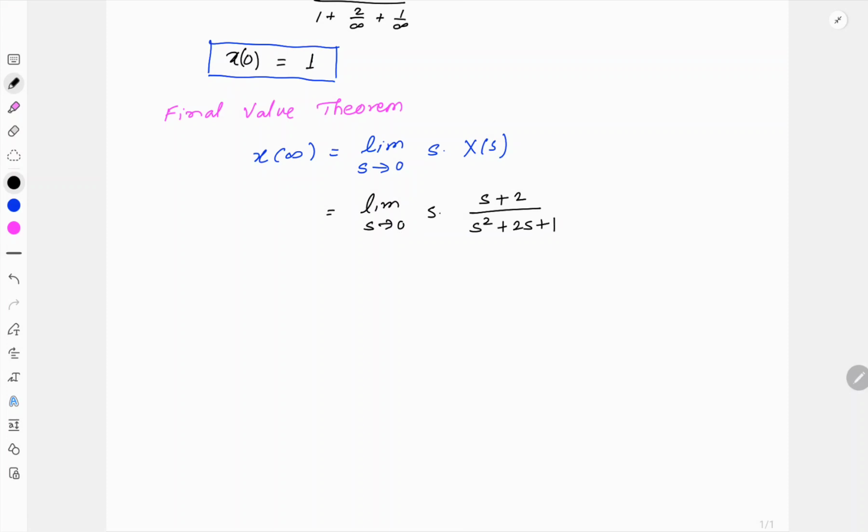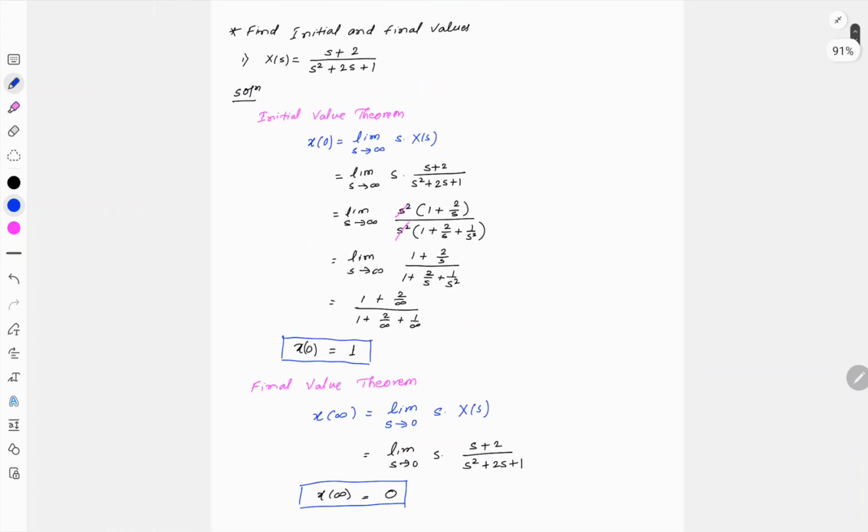So we should not simplify this expression where we get terms like 1 upon s. So here we cannot cancel out the s term. So straight away apply the limit, and after applying the limit s tending to 0, we get the answer as 0. So our x of infinity in this case is 0. This is the final value for the given equation.